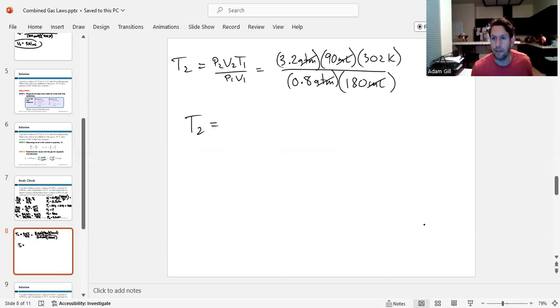So if we plug all that into our calculator, 3.2 times 90 times 302 divided by 0.8 times 180, it's 604 Kelvin.